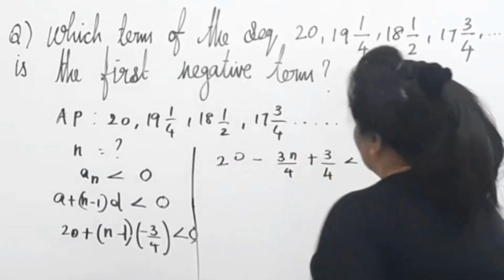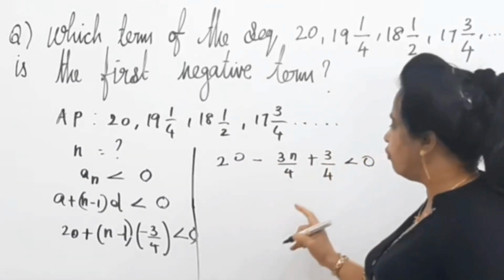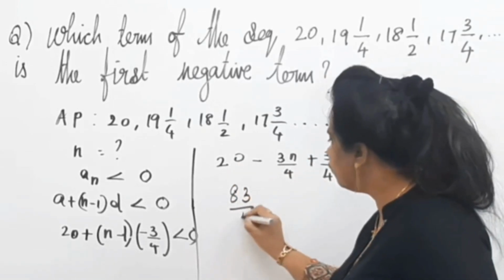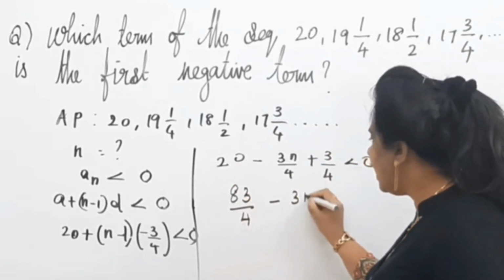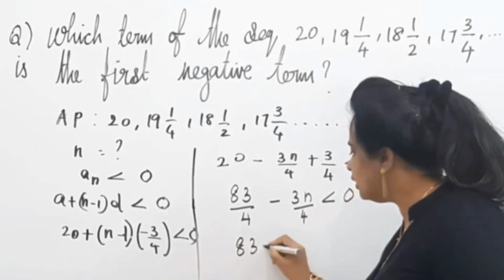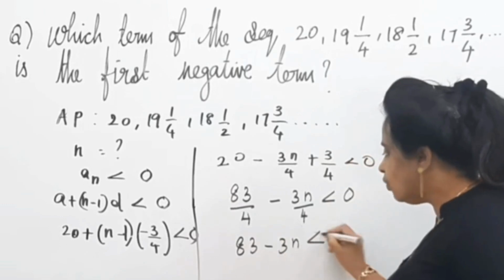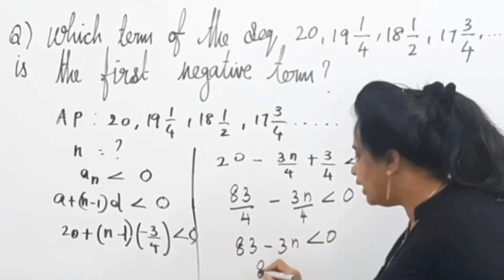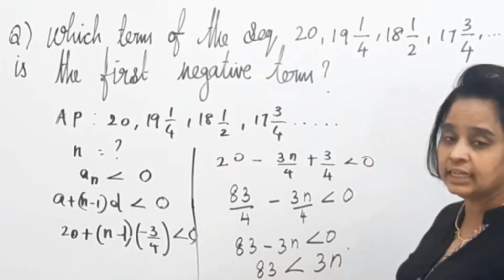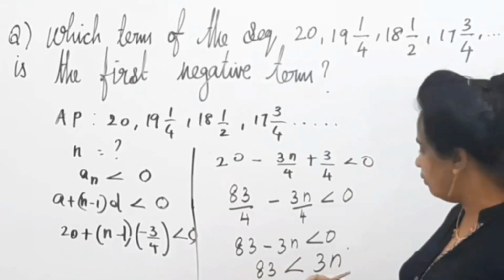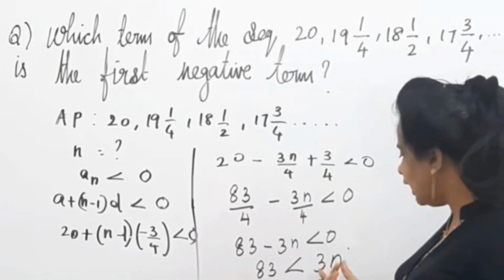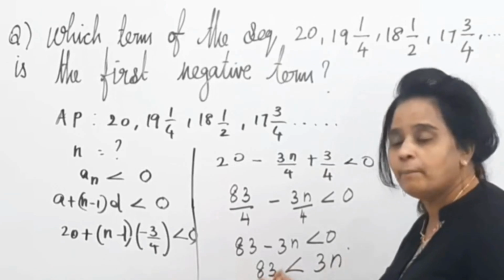Now 20 plus 3 by 4: 4 twos are 8, so 80 plus 3, that is 83 by 4 minus 3n by 4 must be less than 0. So can I write this as 83 minus 3n is less than 0? Denominators are same. So I write 83 is less than 3n, which means n will be greater than 83 by 3.